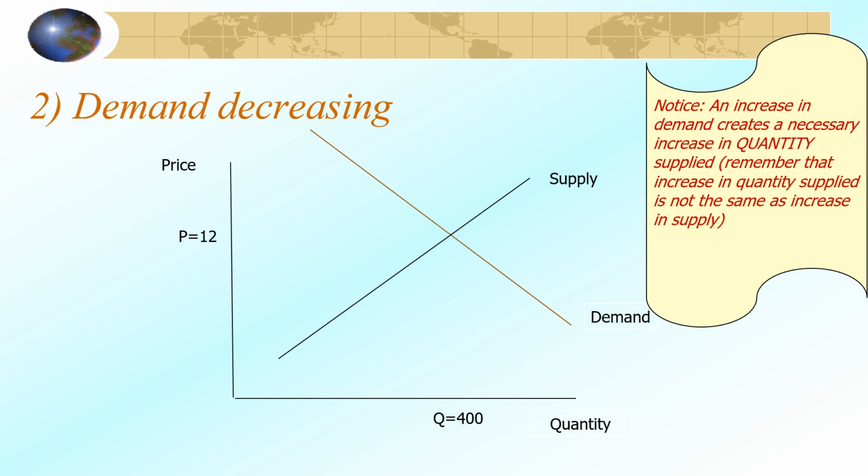Now, if increased demand is a movement to the right, then what do you think a decrease in demand is going to be? That's right. It is a leftward shift in the demand curve. So take a moment and just imagine what's going to happen in your minds.